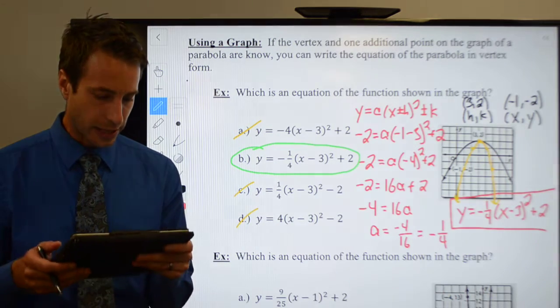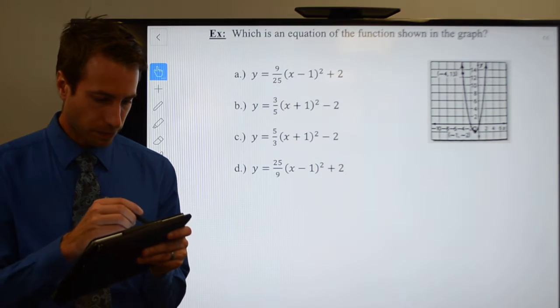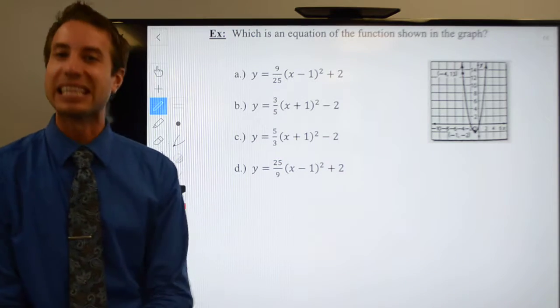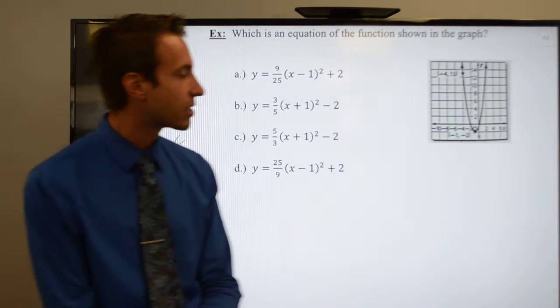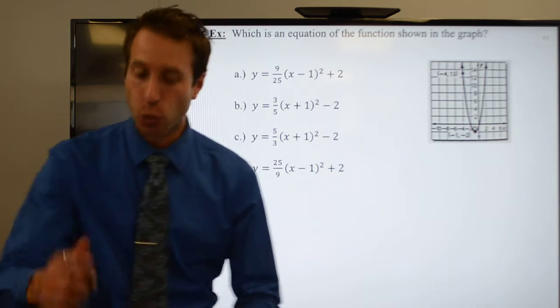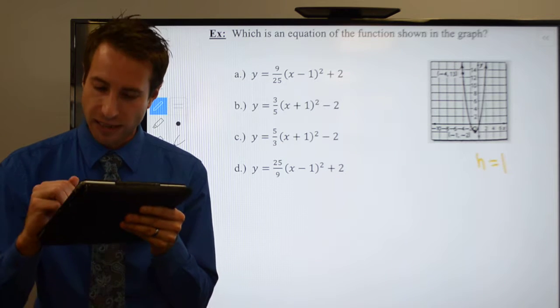So let's do it again down here. All right, you have been given a graph, and let's go ahead and see if we can eliminate the obvious mistakes. It looks like my vertex is at -1, which means h has to be a positive 1.